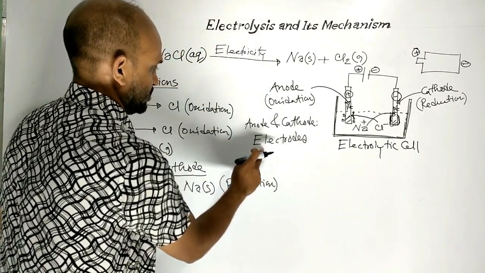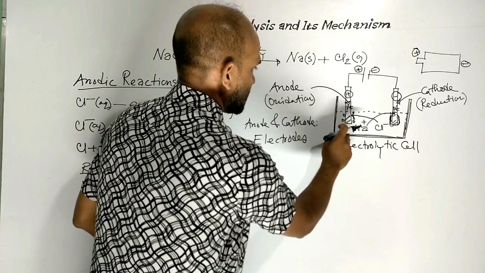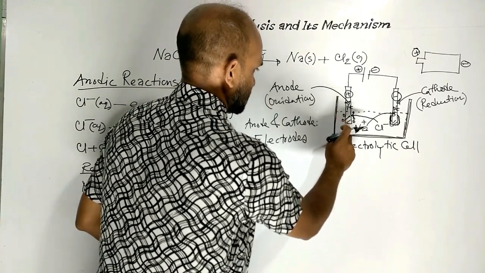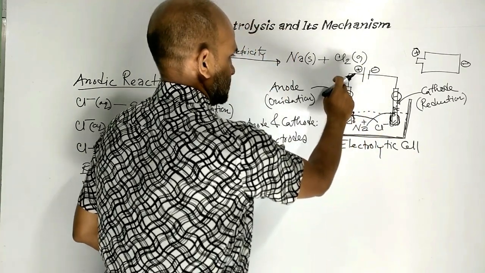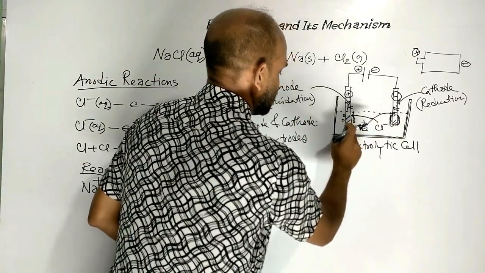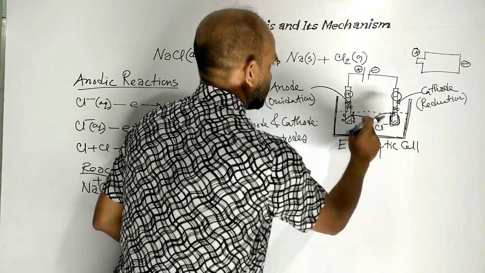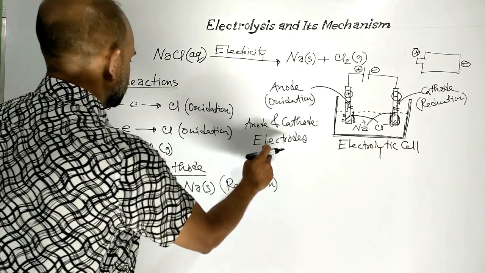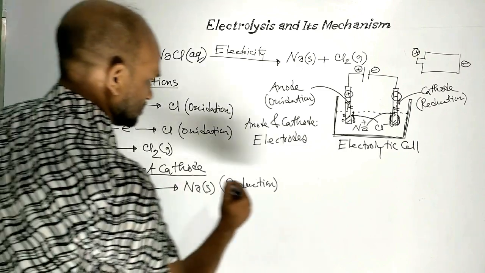What is an electrode? An electrode is defined as an electrical conductor that makes electrical contact with the non-metallic part of the circuit. So, electrodes make electrical contact with the non-metallic part of the circuit.